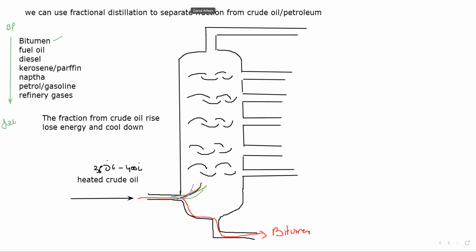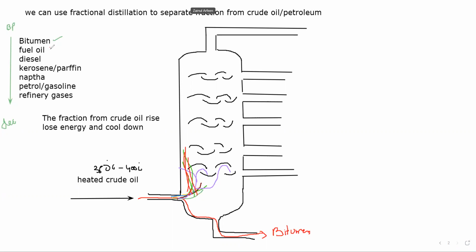As the fractions rise, different portions of this fractionating column have different temperatures, so they cool down. The fuel oil will cool down here, and the remaining fractions which still have enough energy, because they have a low boiling point, will rise.